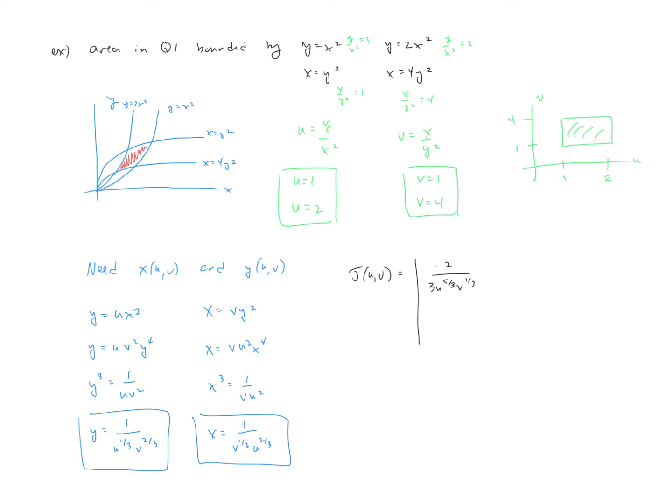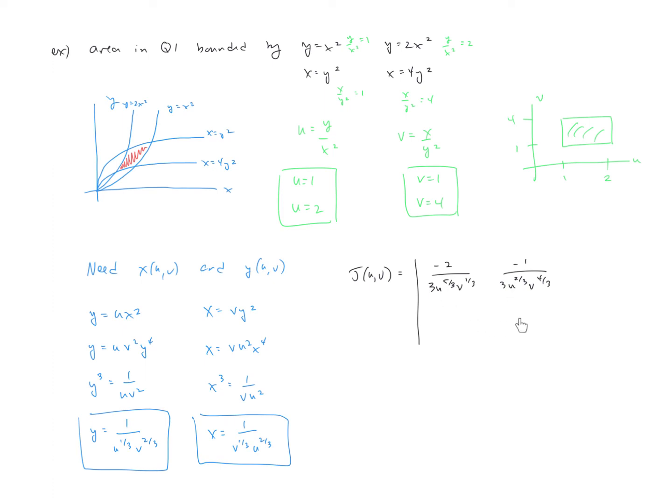That's going to be negative 1 over 3 u to the 2/3, v to the 4/3. Feel free to pause the video if you need to run through those derivatives on your own. If you manipulate these by putting the variable up top with a negative exponent, then it's just a matter of multiplying down and subtracting, which is what I've done on both of these.